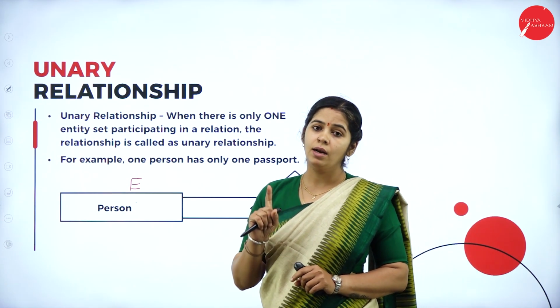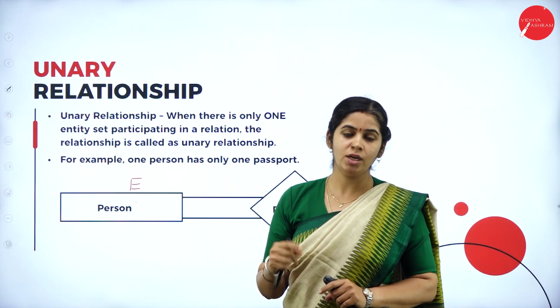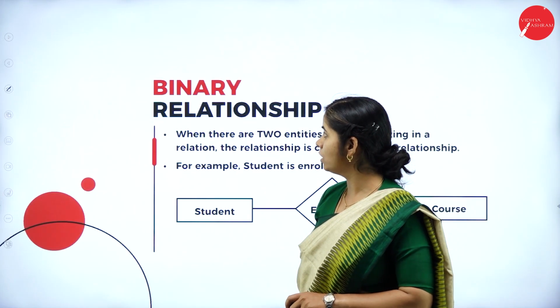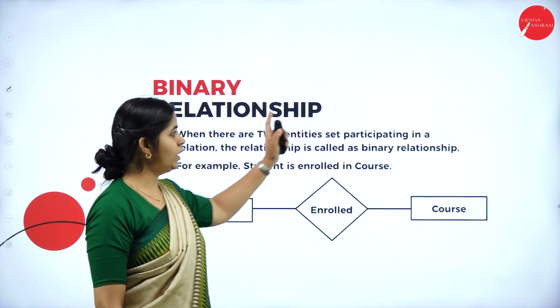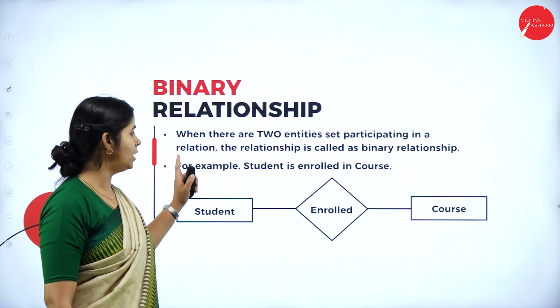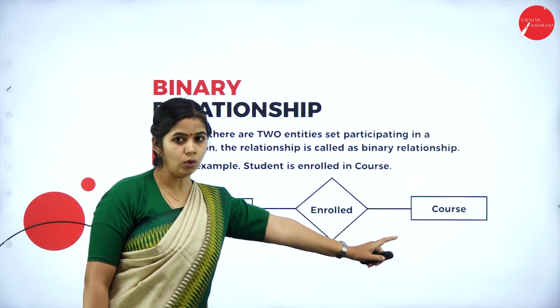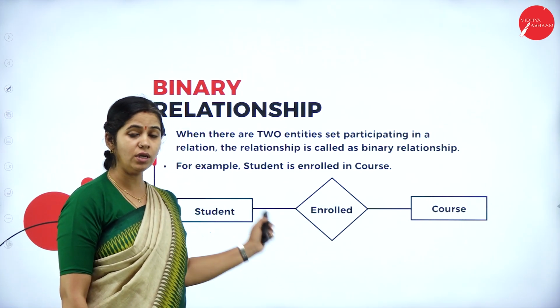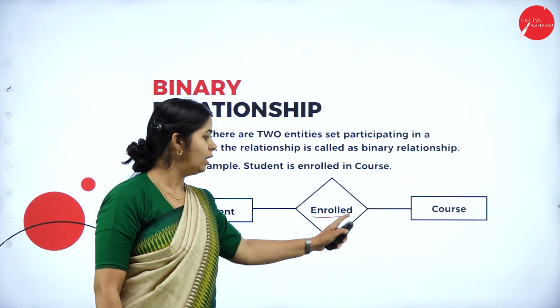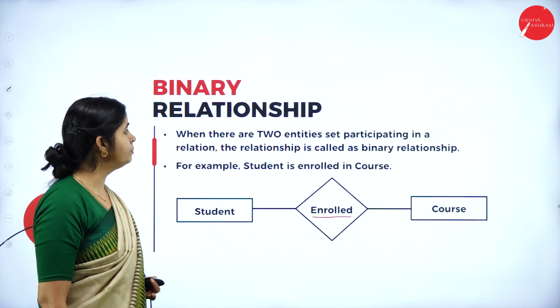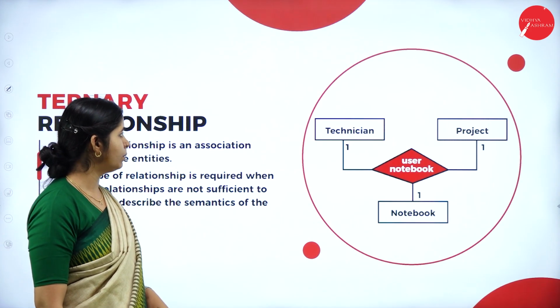So, a single entity having the relation is called a unary relation. Then comes the binary relation, when there are two entities participating in the relation, student and course. Two entities of the student database participating in the relationship called enrolled. So, that is called a binary relationship.